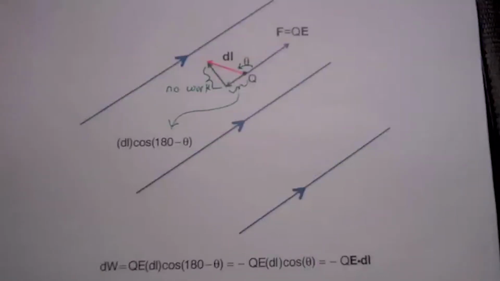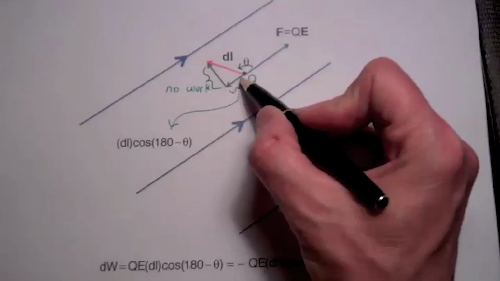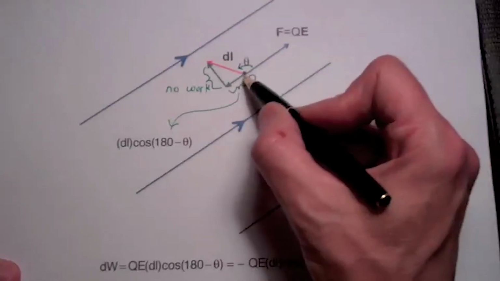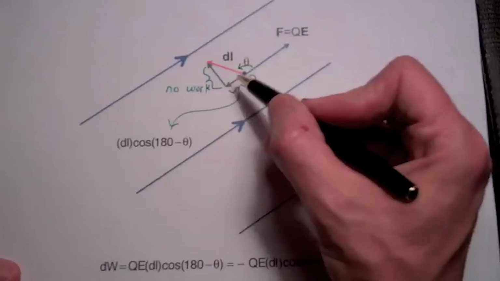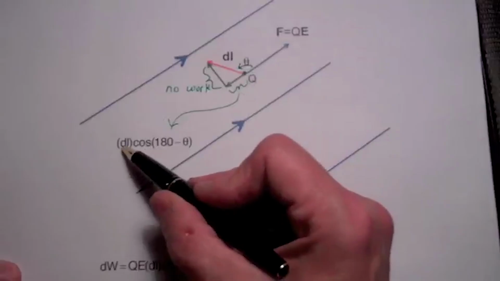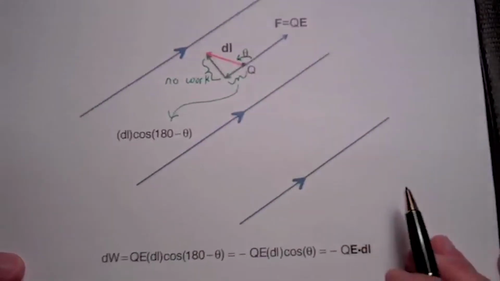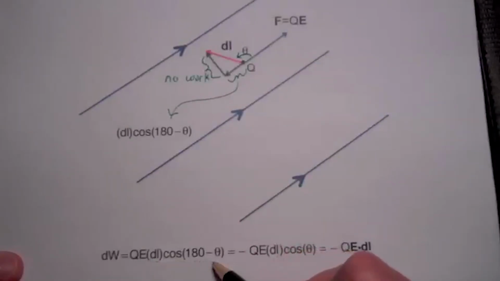So the work done is the force I'm applying. The force you're applying along this length here is Q times E, because you have to overcome the force of the electric field, and the distance is dL cosine of 180 minus theta. Okay, so the work would just be the force through that distance. Now cosine of 180 minus theta is minus the cosine of theta.